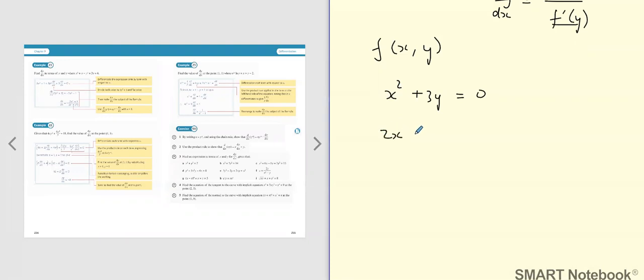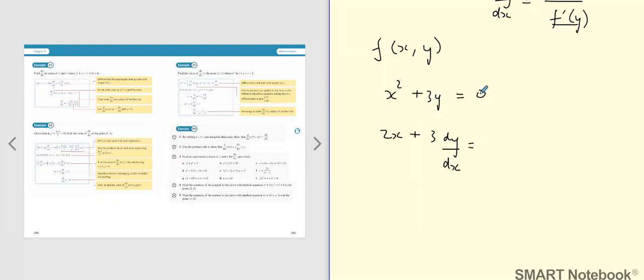Now, when we differentiate 3y, we're going to differentiate this as per usual. So when we differentiate 3y, we're going to get 3. But every time you differentiate a y term, we're going to just write dy by dx multiplied by whatever the differential is.